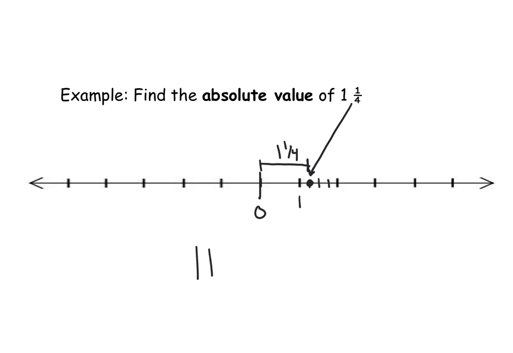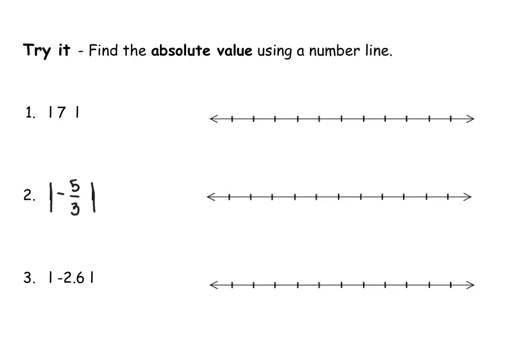So we would say the absolute value of 1 1/4 is 1 1/4. So keeping in mind that absolute value is just the distance a number is from 0 on the number line, you try these 3 on your own. Find the absolute value of 7, the absolute value of -5/3, and the absolute value of -2.6. And then push play when you're ready for me to show you the answers.